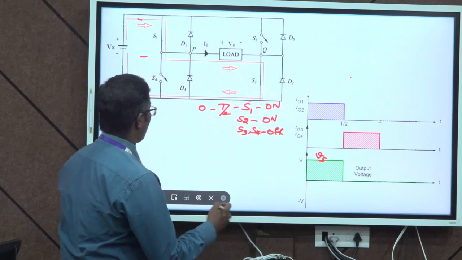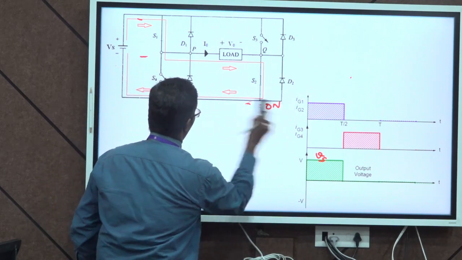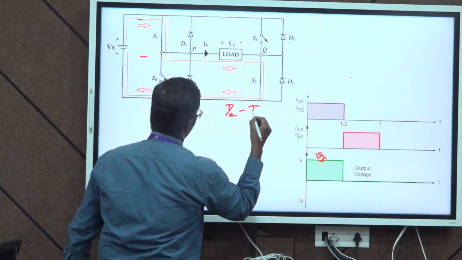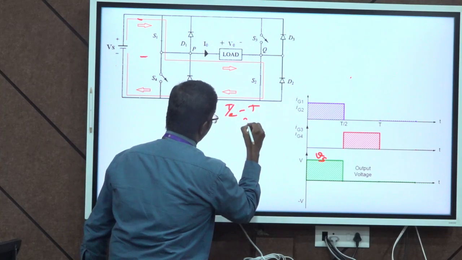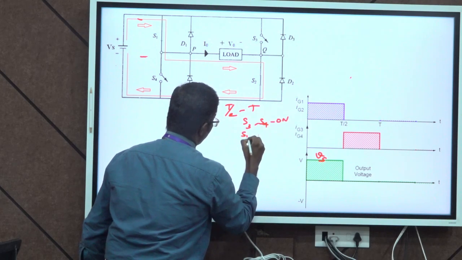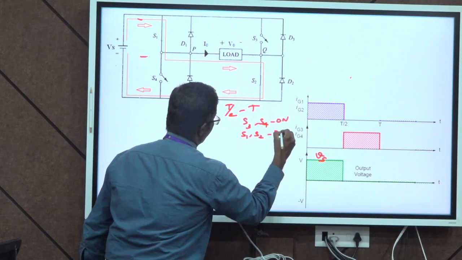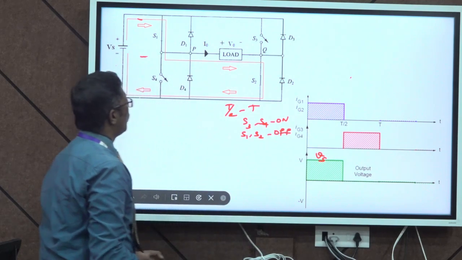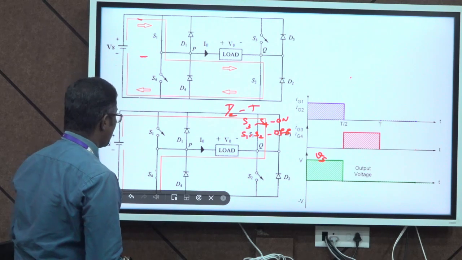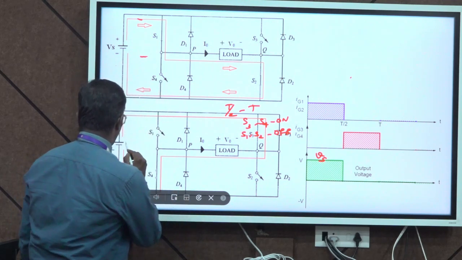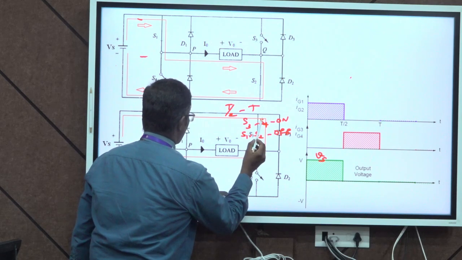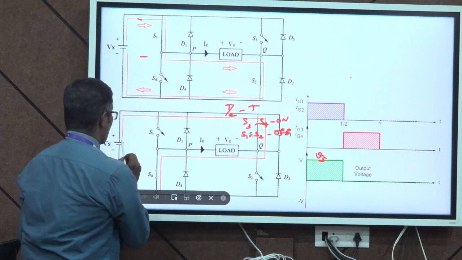And the next time period is T by 2 to T. During this time period the switches S3 and S4 are turned on, whereas S1 and S2 are in the off state. So, during this time period the current flows from the negative terminal of the battery, then to the load, then to switch 3, and then to the supply voltage.